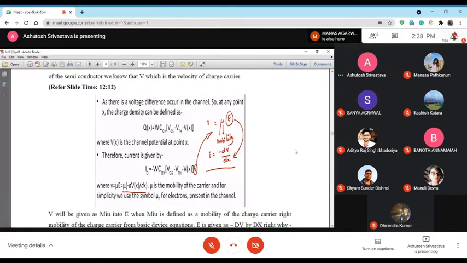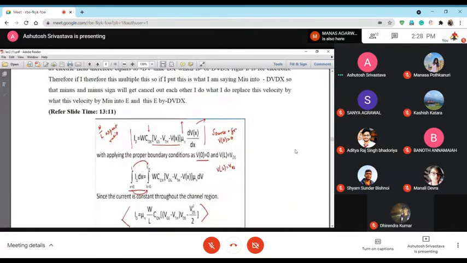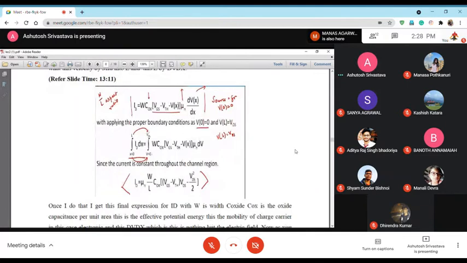So the extension of this is your ID is equal to W C ox (VGS minus VTH minus V of x) mu n dVx by dx.